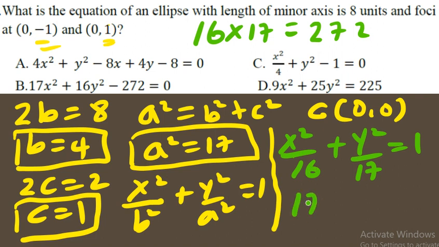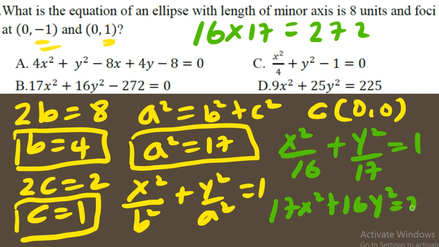So 17x square plus 16y square is equal to 272. Let's write it: 17x square plus 16y square is equal to 272. So when you bring it to the right side, 272, it's going to be B.